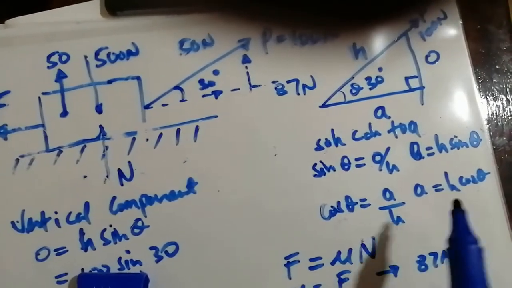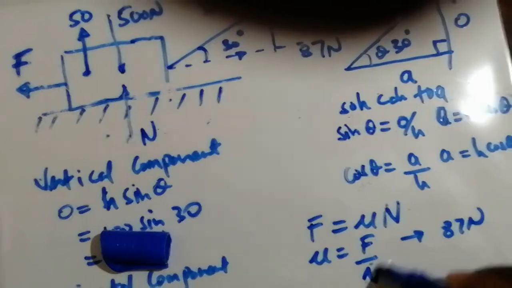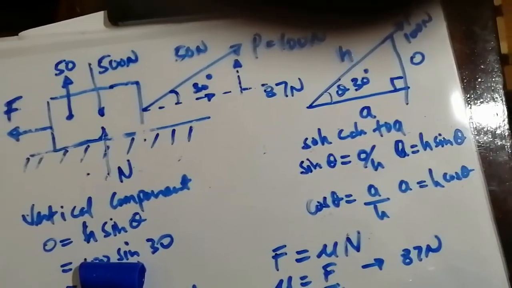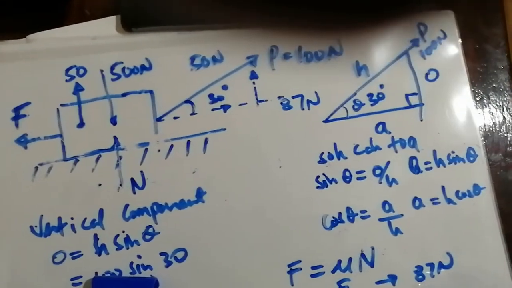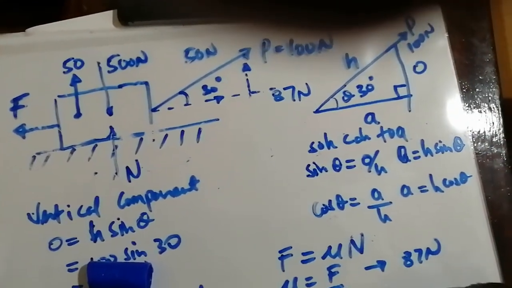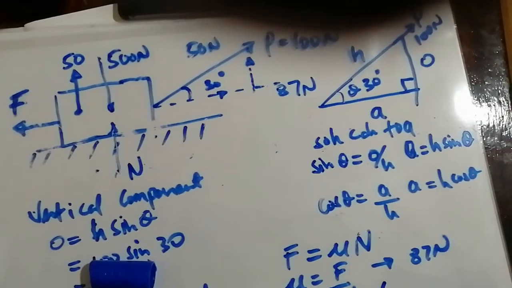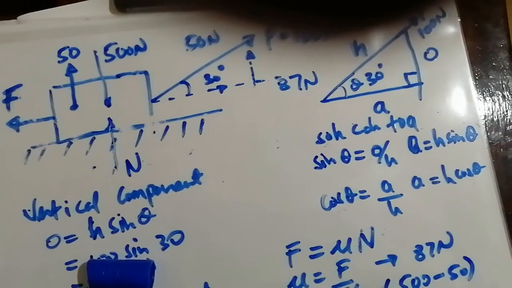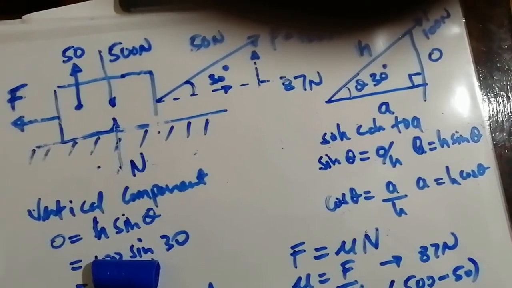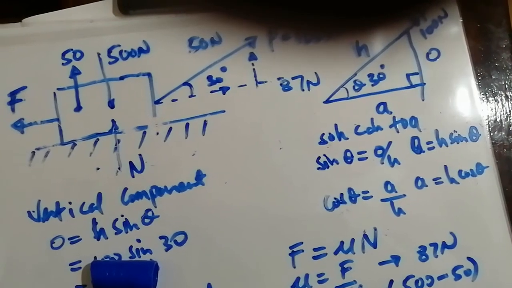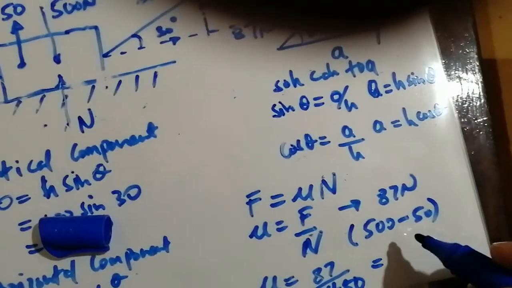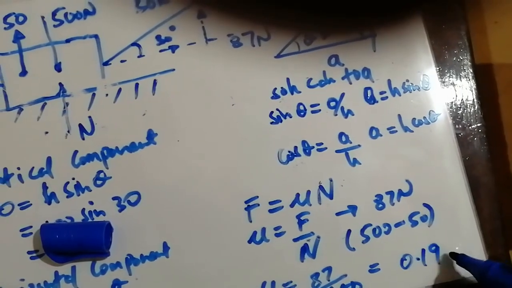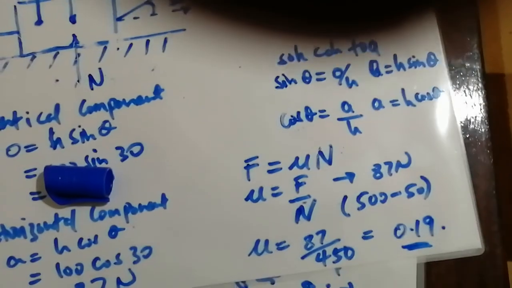Mu N, sorry. And our N, in our case, which is equal and opposite to mg, or the weight, is equal to 500 minus 50 newtons. Therefore, mu is equal to 87 over 450, which will give us a coefficient of friction of 0.19, and it has no units.